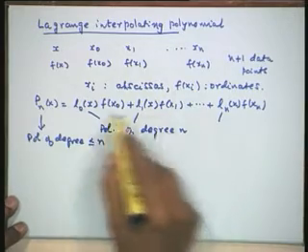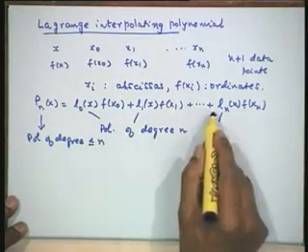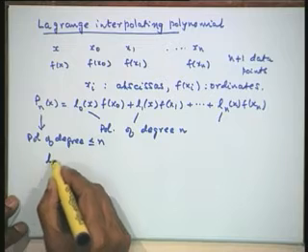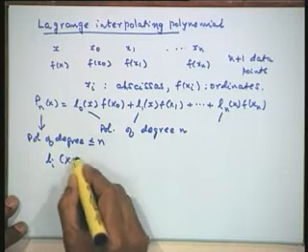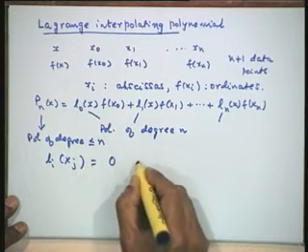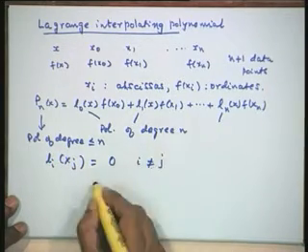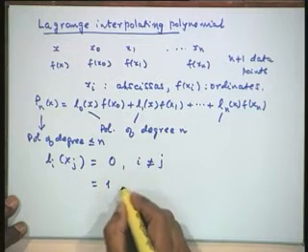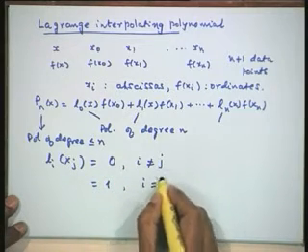Now, we have shown that these polynomials L i x should satisfy the condition L i x j is equal to 0 for i not equal to j, and this should be equal to 1 for i equal to j.